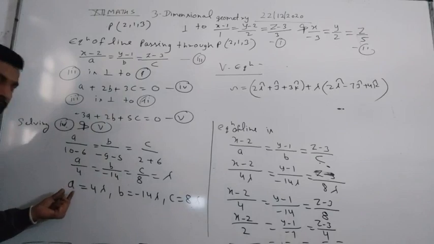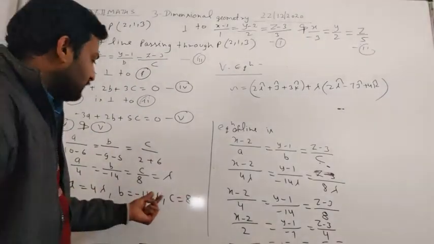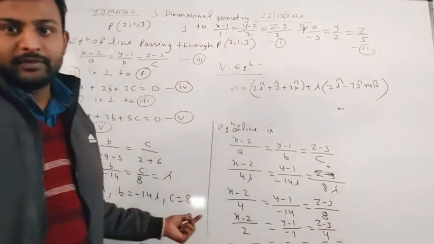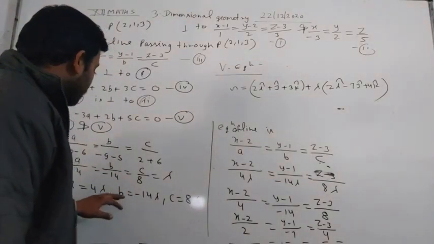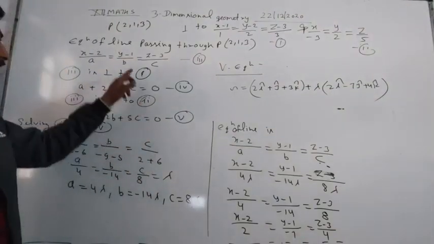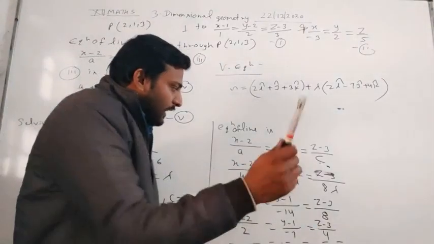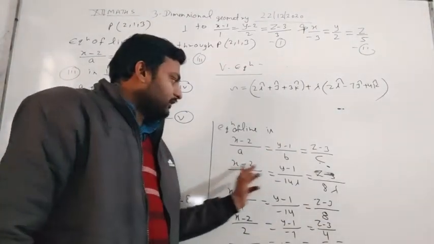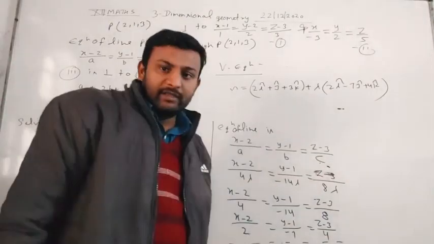Now from here student we are saying a is 4 lambda, b is minus 14 lambda, and c is 8 lambda. Okay. Now we put this value of a, b, c in equation number 3 here. We are getting this, and dividing the whole equation by lambda, our lambda will be removed from each term.